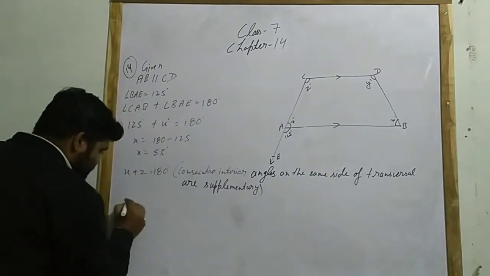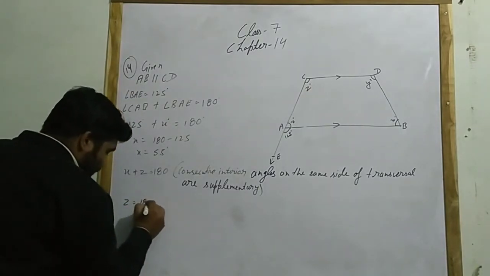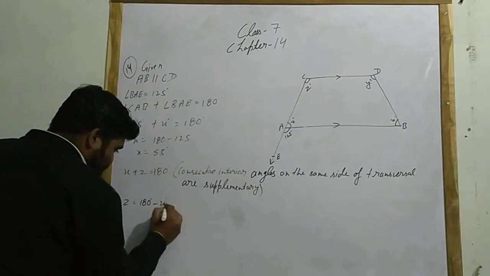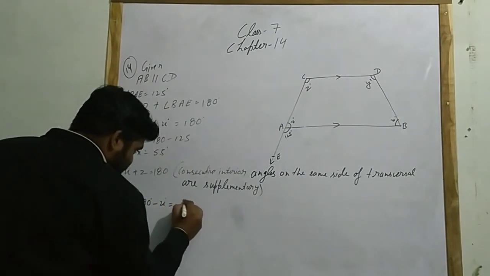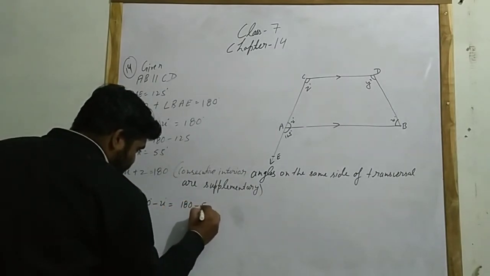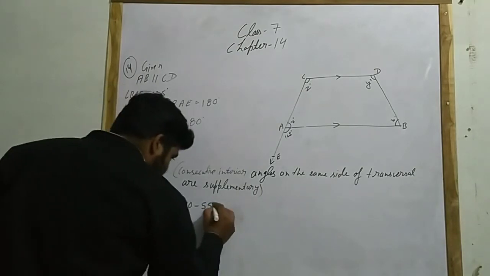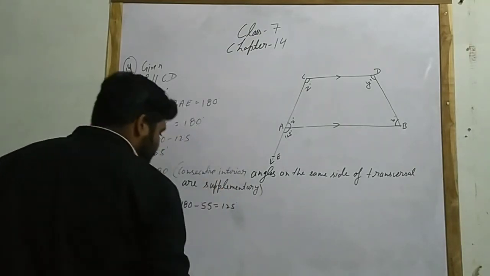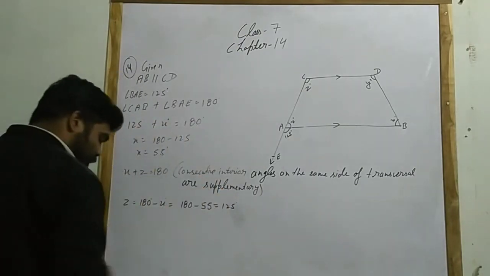So z equals 180 degrees minus x degrees, equals 180 minus 55, equals 125 degrees. So z is 125 degrees.